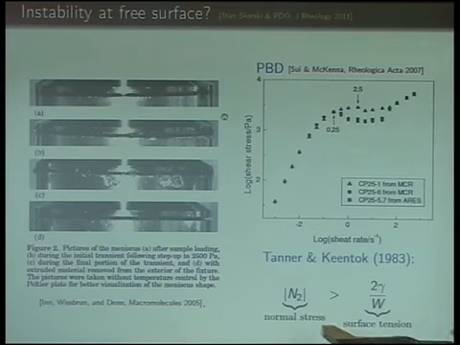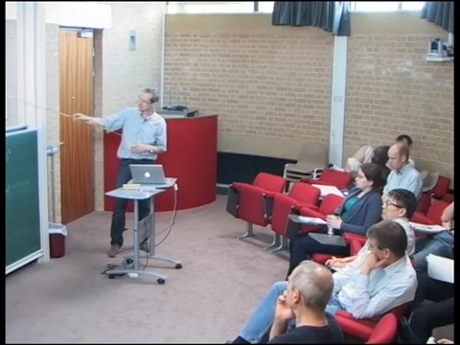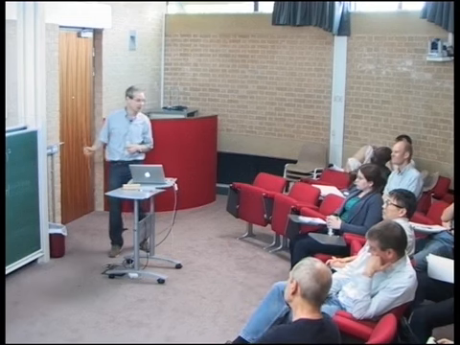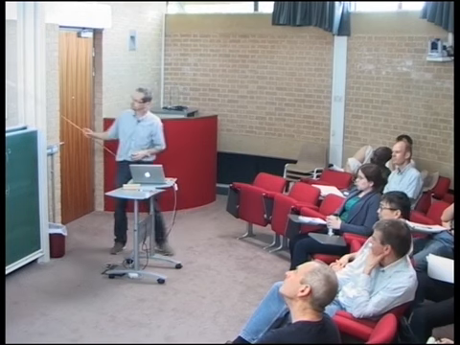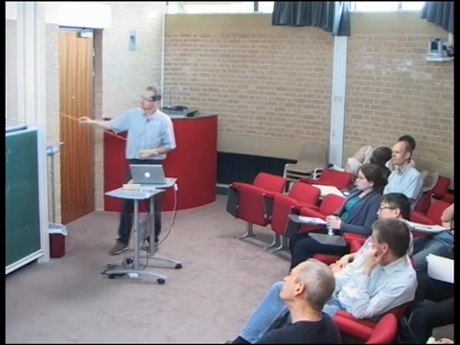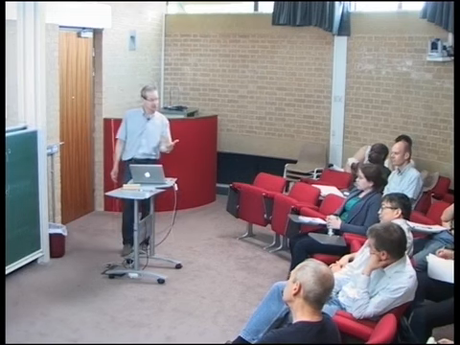So it's a combination of the second normal stress, which is going to have to be balanced by the deformation of the surface, which is related to the surface tension and something to do with the width of the interface.